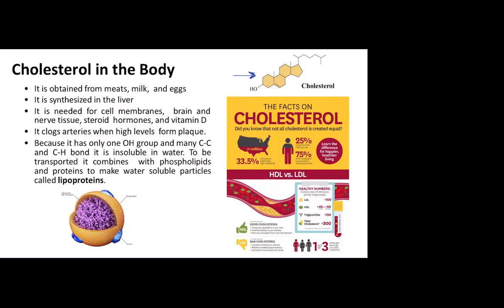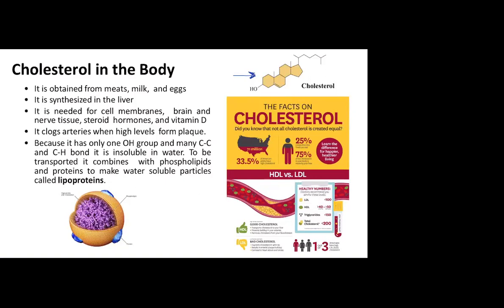Now, why do we need cholesterol in the body? We need it in the cell membranes because, as I mentioned, you cannot have a membrane that is fully unsaturated fatty acid because it's going to make it liquid. Having cholesterol in that membrane gives the membrane a more gel-like composition.